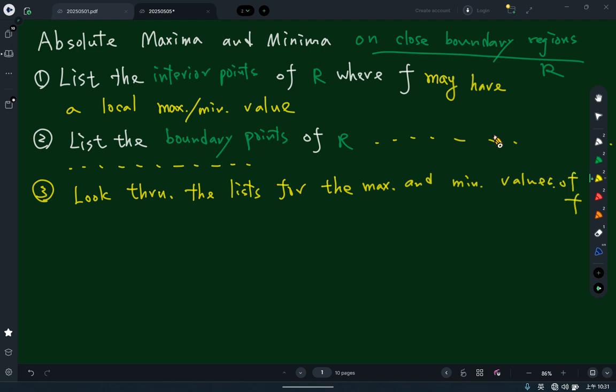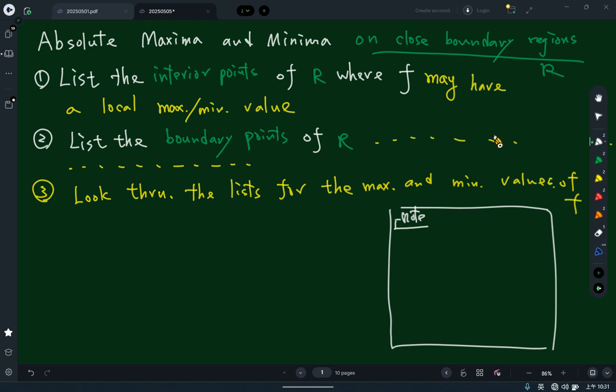Actually, we just did that before. Do you remember for single variable functions? For single variable functions, we did that before, right?